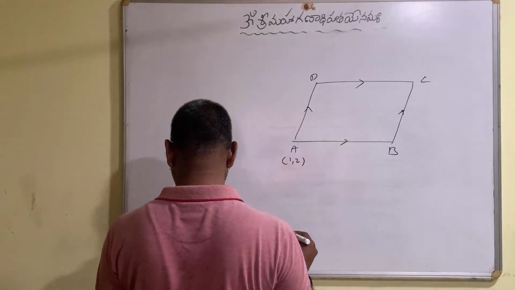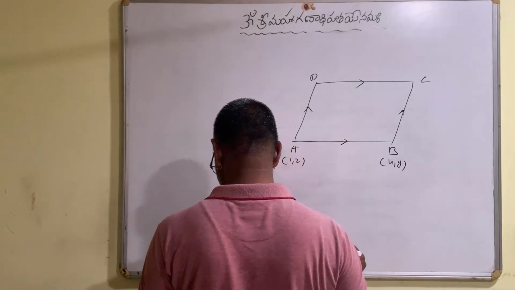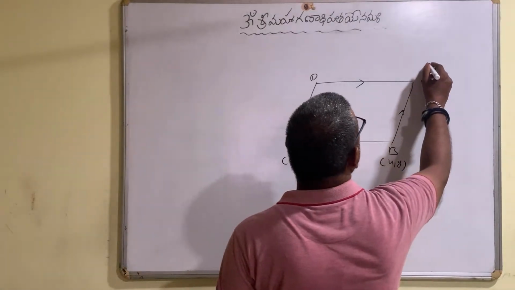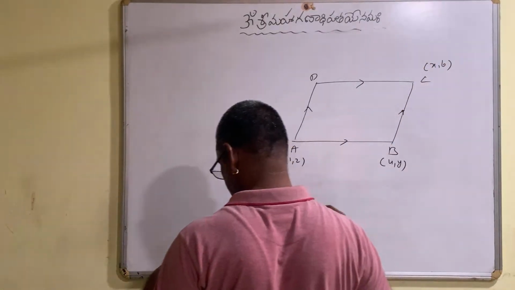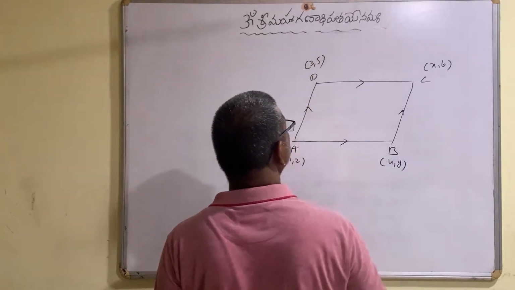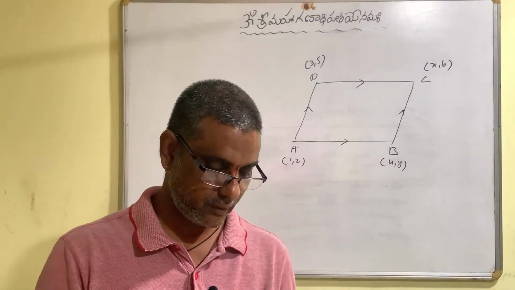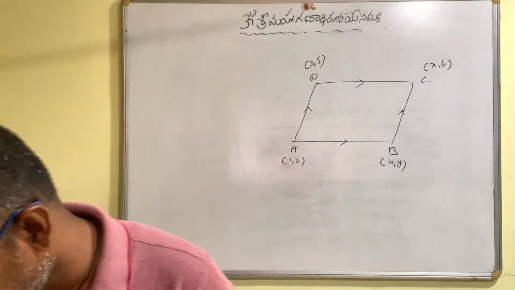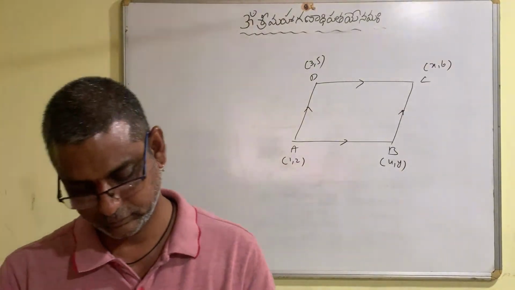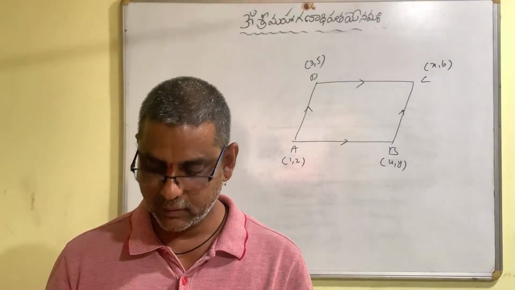Coordinates of A (1, 2), B (4, 5), C (x, 6), D (3, 5). We need to find out the x value and y value.